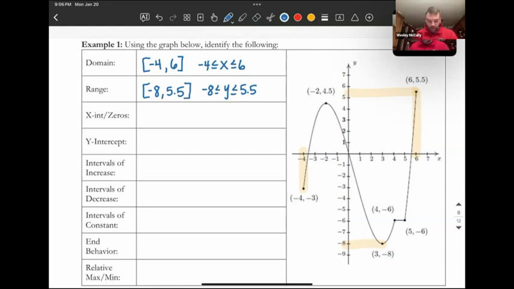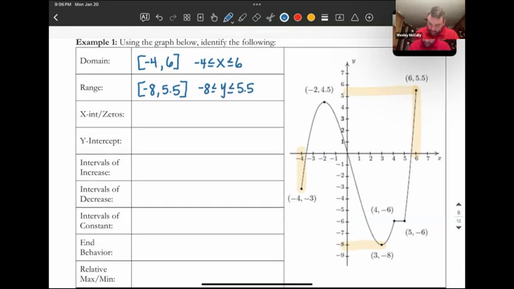Okay. All right, now the x-intercepts. Where does this cross the x-axis? I don't know exactly where that crosses, but I will approximate that value. This right here, I can see crosses right at 0, and this one right here, again, I don't know exactly where that crosses, but we'll just approximate that value.